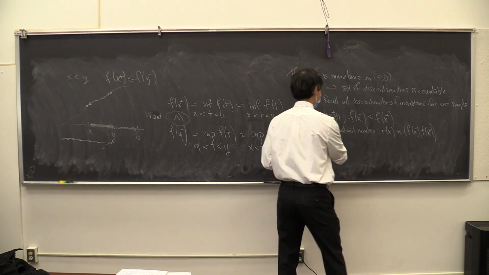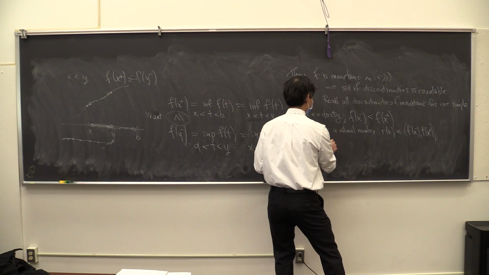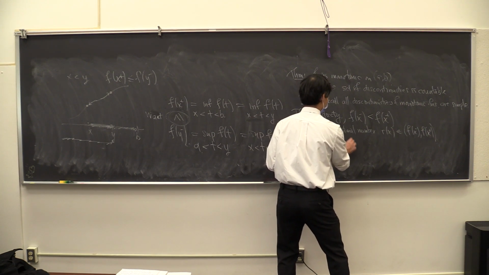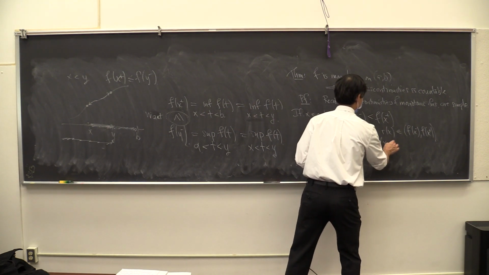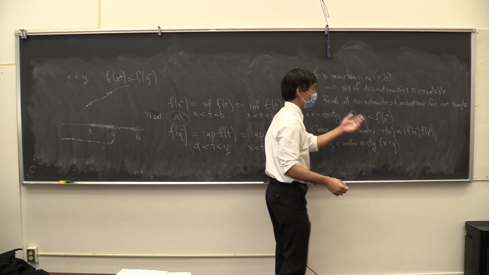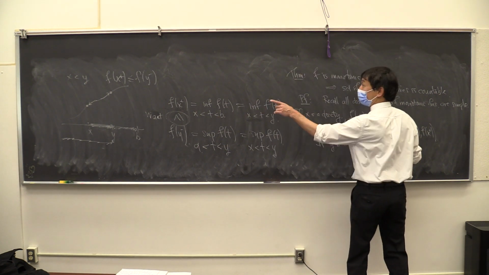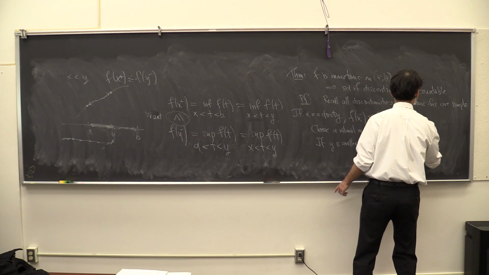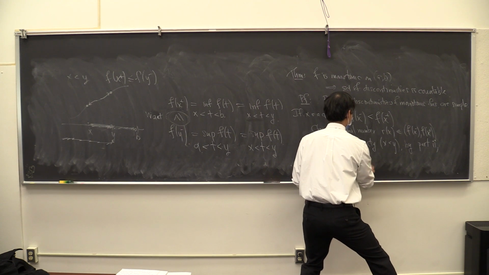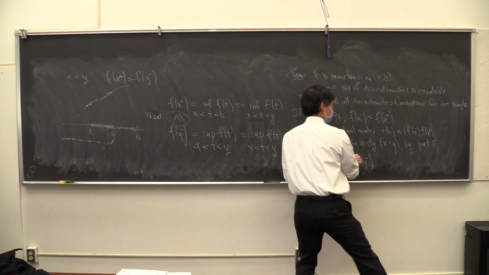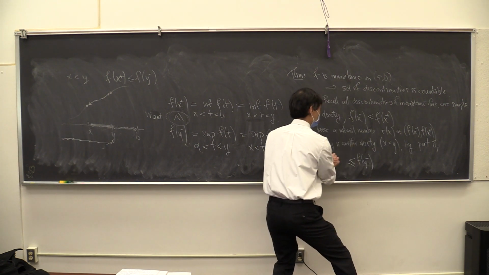The only thing is that you have to, so if y is another discontinuity, let's say that y is to the right of x, by what we just showed in part 2, we know that f of y minus is bigger than or equal to f of x plus.